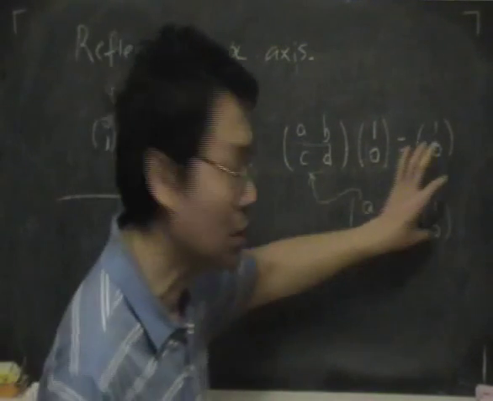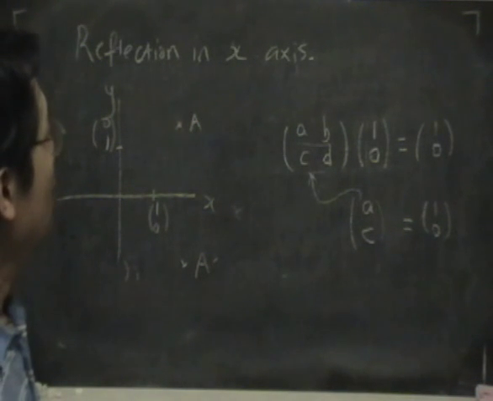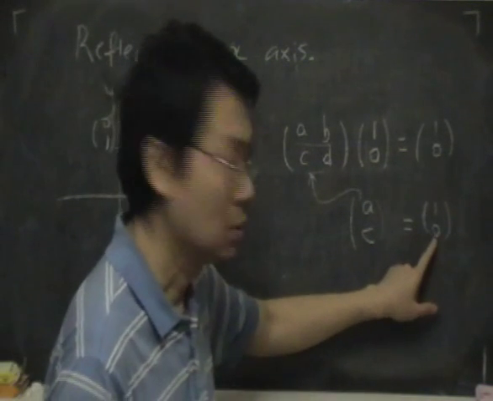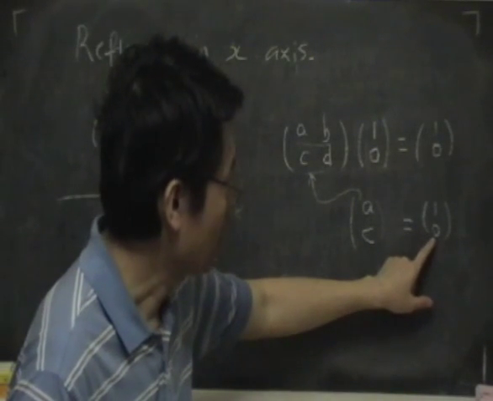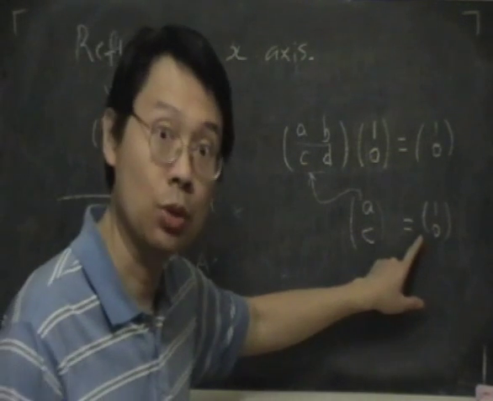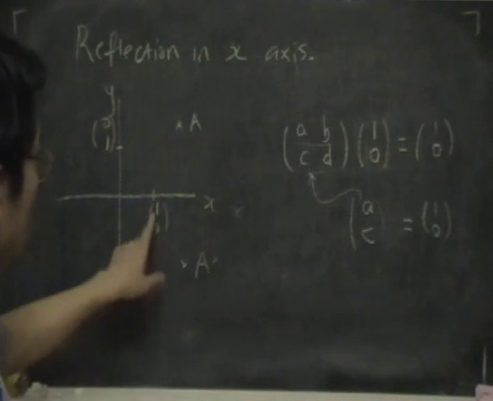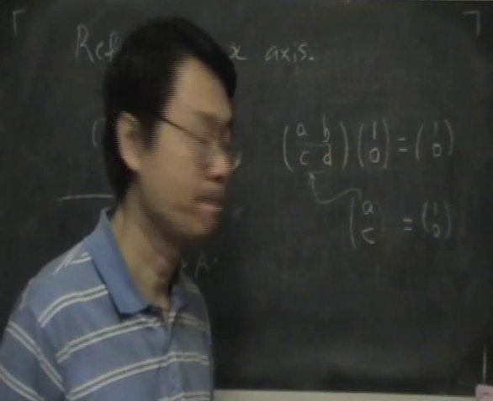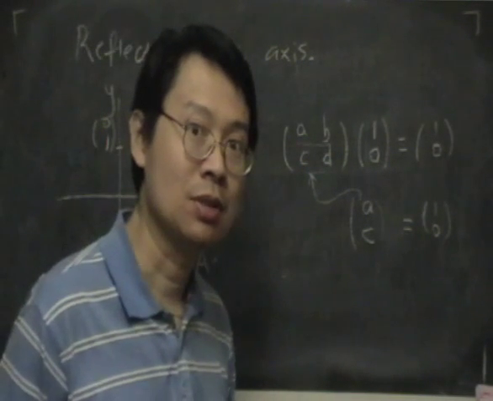What this seems to be telling us is that the image vector or position or the coordinates of the point 1 on the x-axis is actually the first column of the matrix.